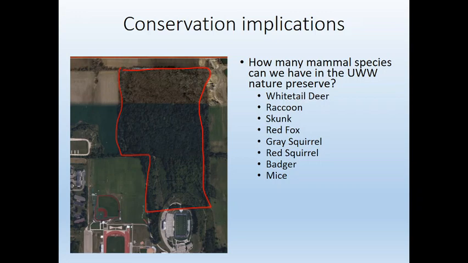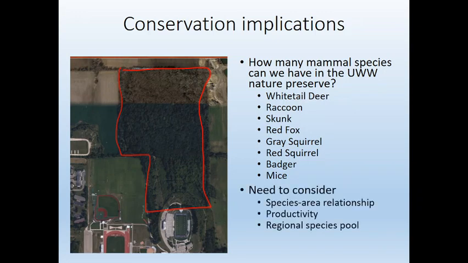And I think a lot of effort is wasted when people try to increase the numbers of species without considering things like that species-area relationship, how productive the system is, and how many regional species there are, right? So maybe this list of species here that are found relatively commonly in this nature reserve might be relatively close to what is in the regional species pool.